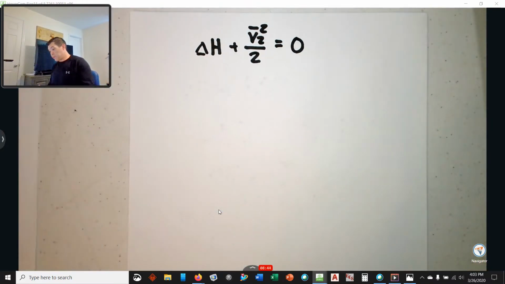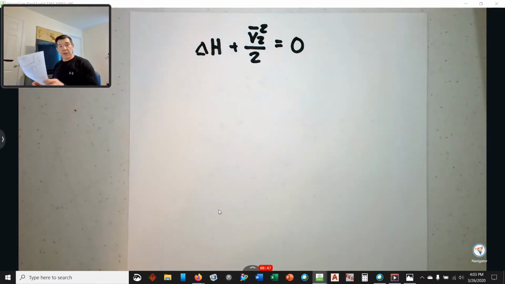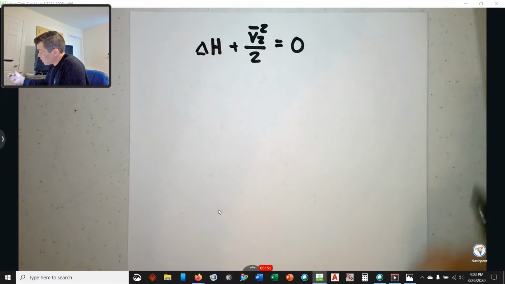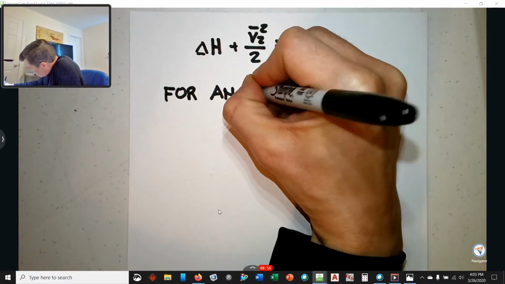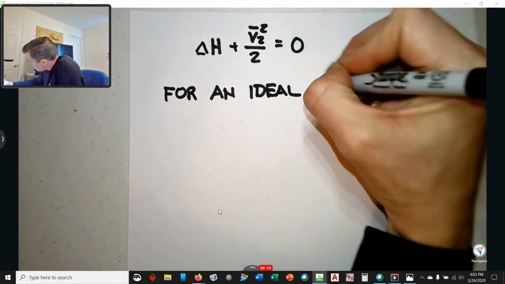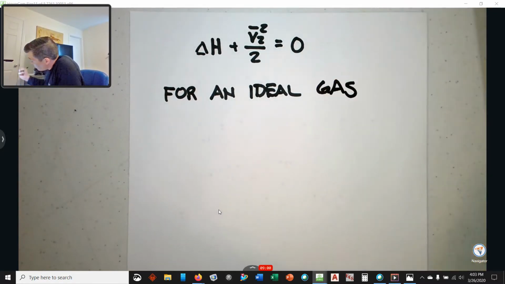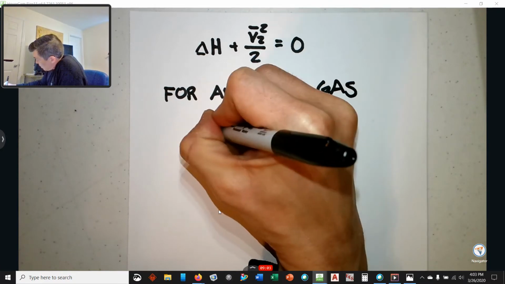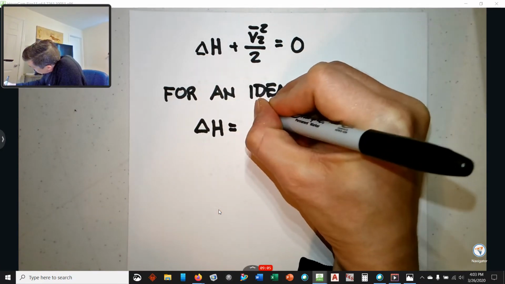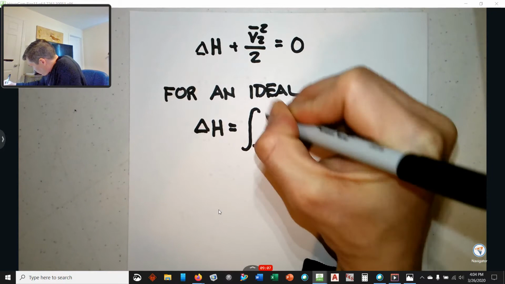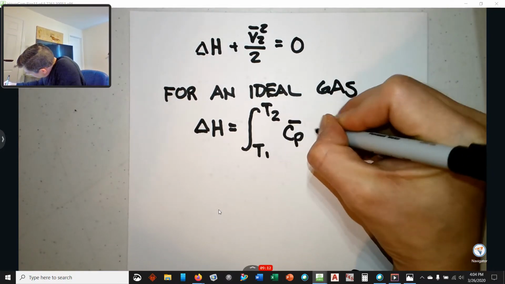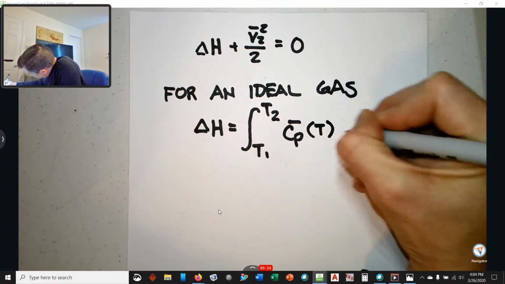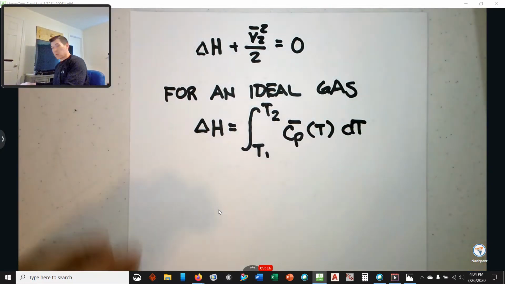All right, so for an ideal gas, this enthalpy change is a function of temperature only. For an ideal gas, delta H is the integral from T1 to T2 of the gas-specific heat, a function of temperature, dT.